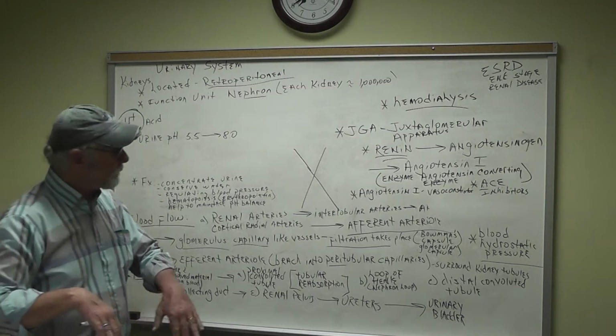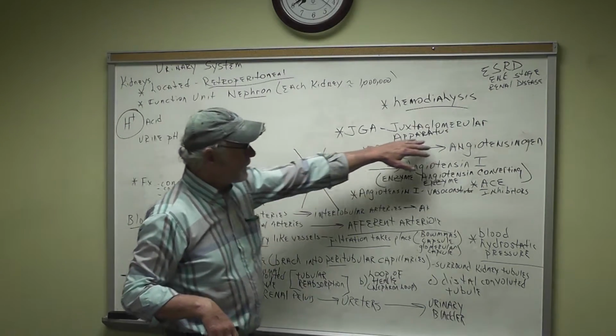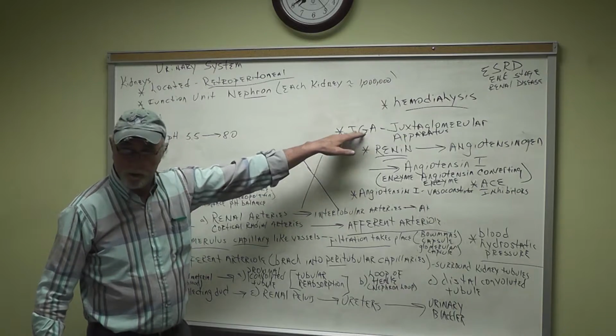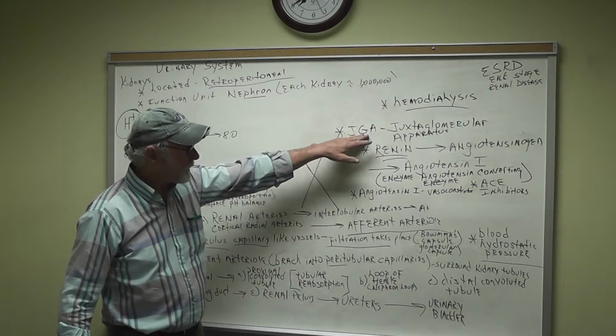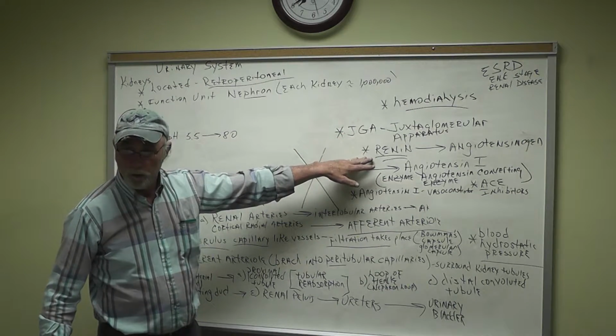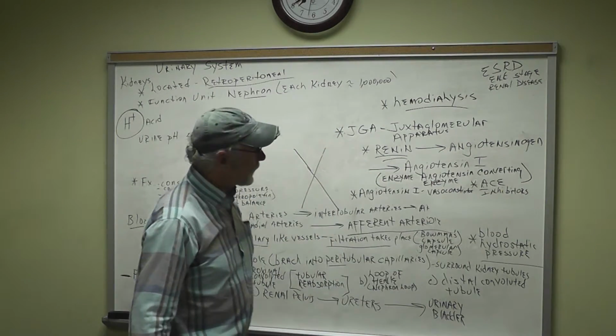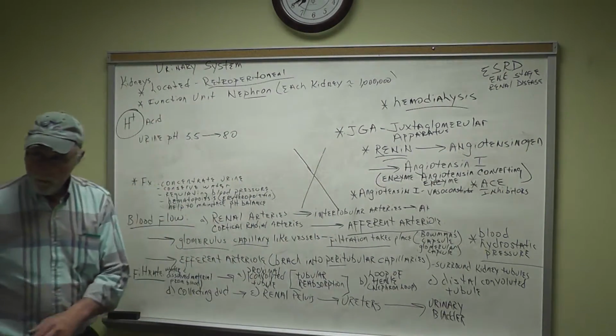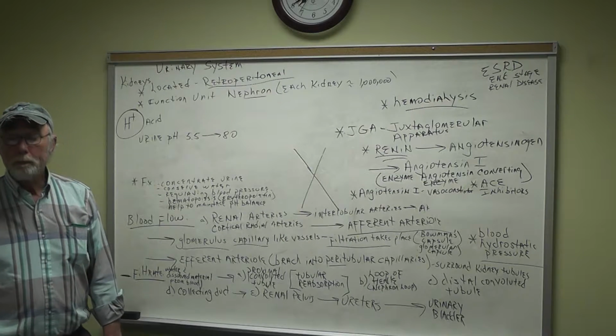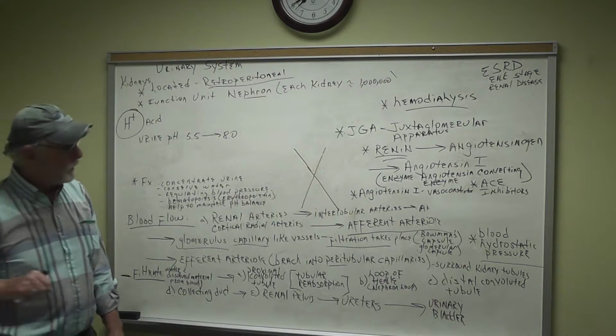So when the pressure drops, and that's sensed by these cells in the JGA, the juxtaglomerular apparatus, they will release this hormone. This hormone will interact with this angiotensinogen. So it's for hypotension instead of hypertension? Hypotension, yes. Okay. All right?